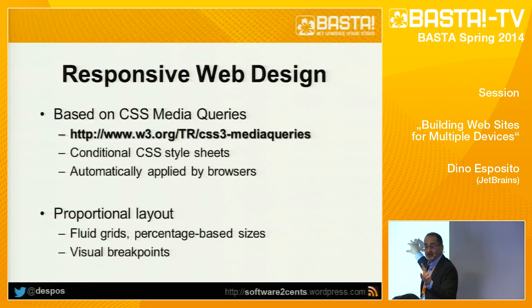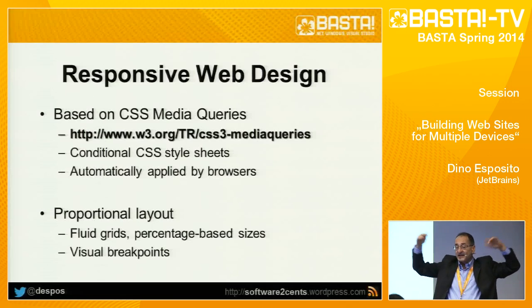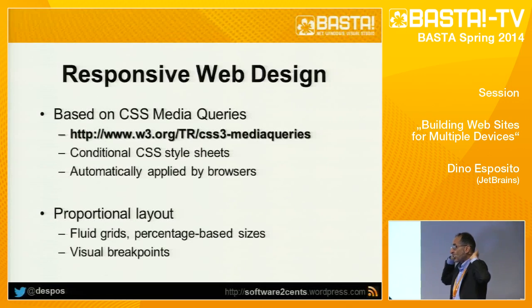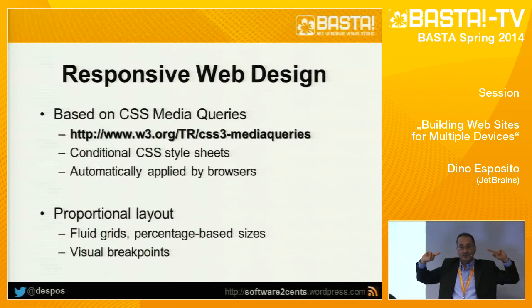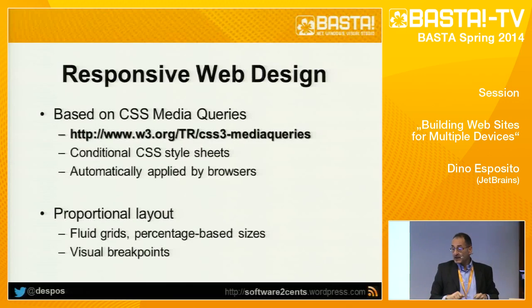More importantly, CSS media queries are declared, and then they are automatically handled by browsers. All you have to do is write CSS and the conditional logic that turns them on or off. Only one CSS, the first one that matches, is selected at any time by the browser.